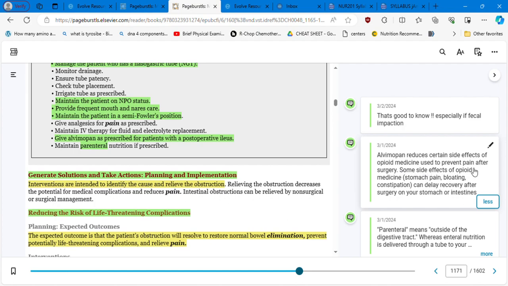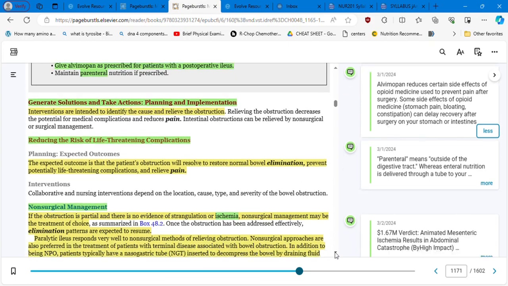Stomach pain and bloody constipation can delay recovery after surgery. So if the patient is coming here for an obstruction, please give them this so they don't have more problems with constipation, okay? Maintain parenteral nutrition if prescribed.